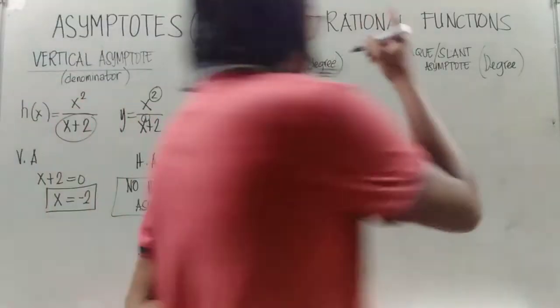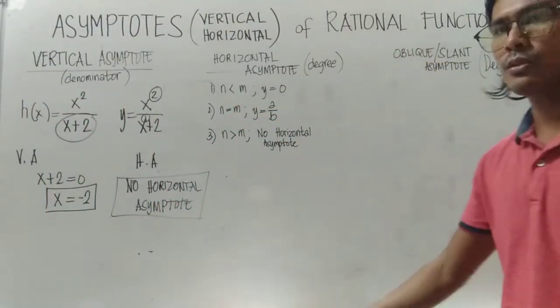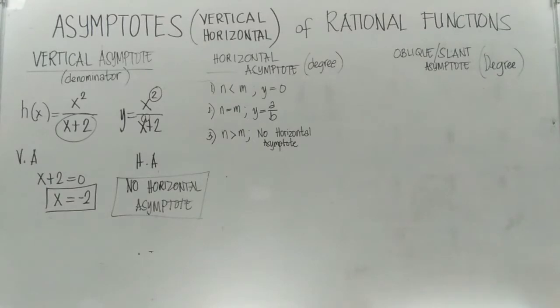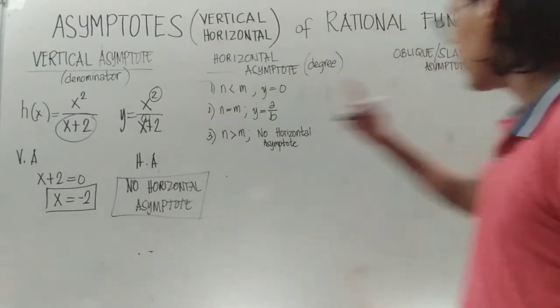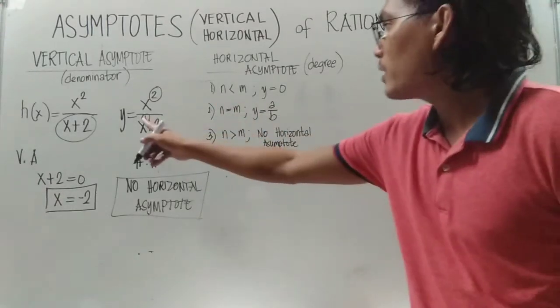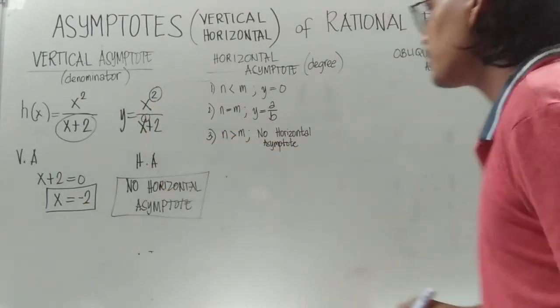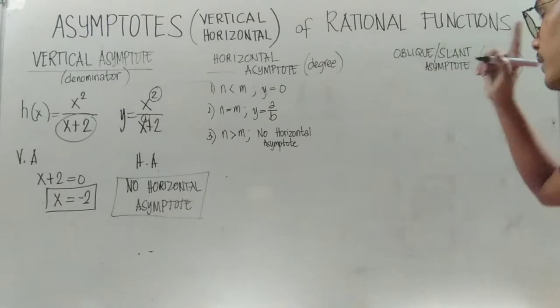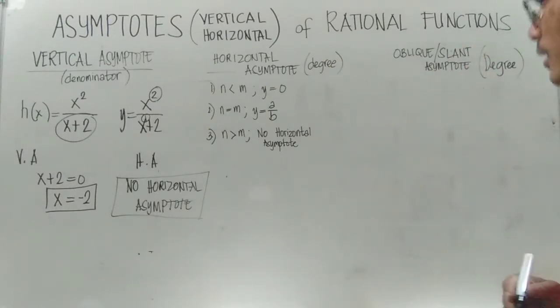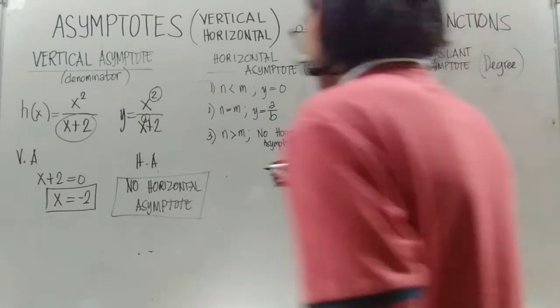So let us proceed to the oblique or slant asymptote. Our hint is the degree. The degree of the numerator is greater than that of the denominator by 1. So we can say that we have an oblique asymptote.